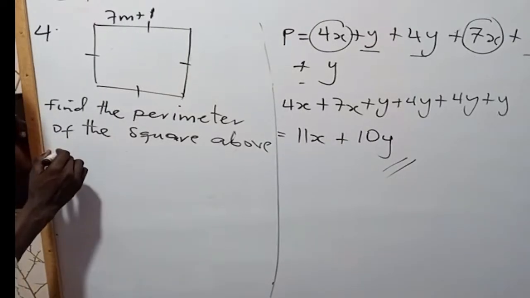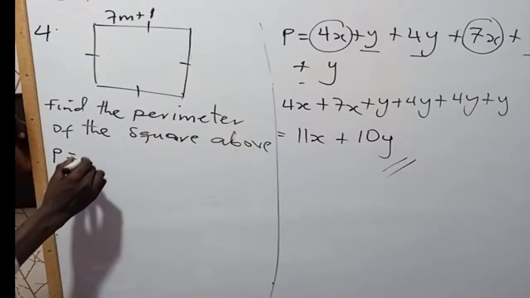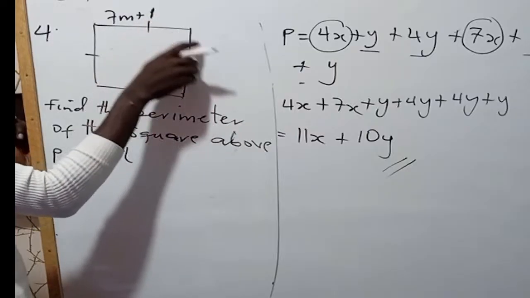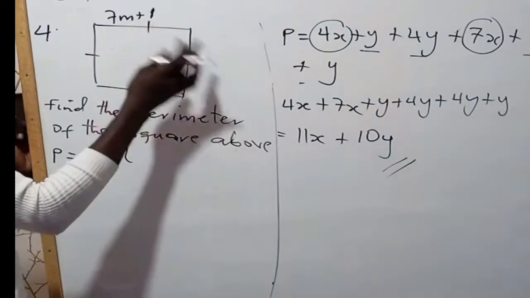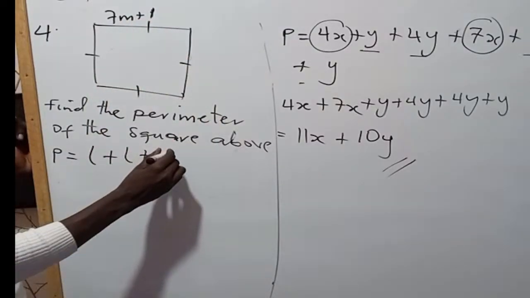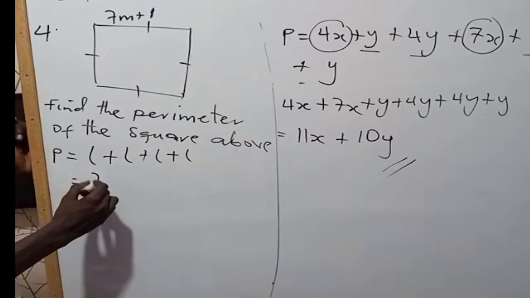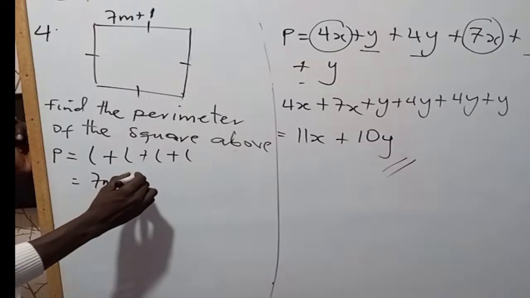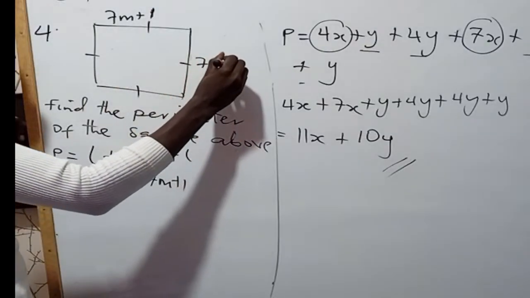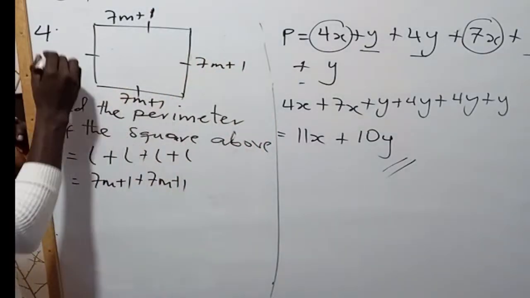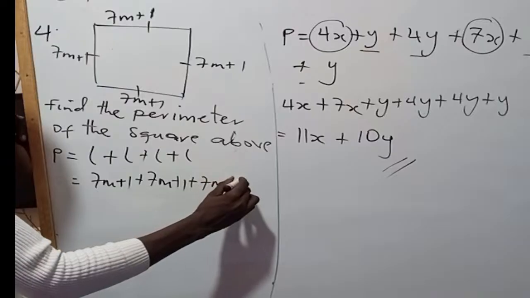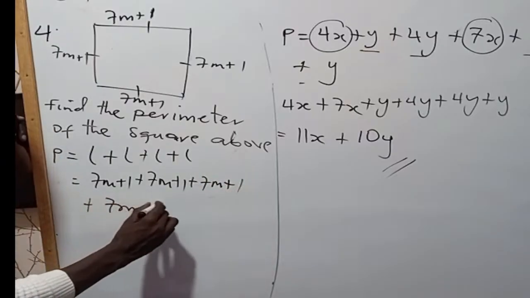All right. So it means the perimeter of a square is L plus L. If this is our length, this is breadth. But because it's the same thing, the length here is the same as this, so we can still use L plus L plus L plus L. So we have 7m plus 1 plus 7m plus 1, plus 7m plus 1, plus 7m plus 1.